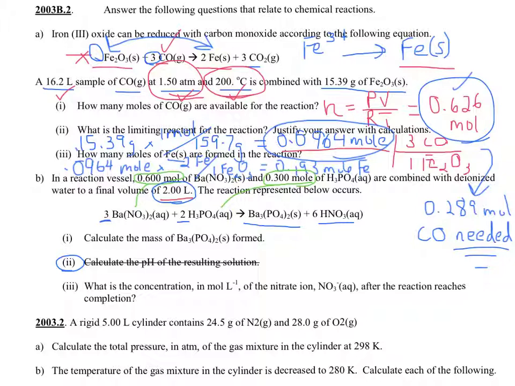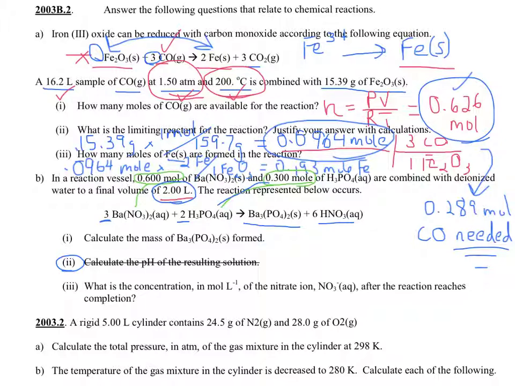So we need a 3-to-2 ratio, but we have 0.6 mole of barium nitrate compared to 0.3 moles of the phosphoric acid. So we need about 2/3 the amount of phosphoric acid compared to the amount of barium nitrate, but we only have about half that amount. We only have 0.3 moles of phosphoric acid compared to 0.6 moles of barium nitrate.